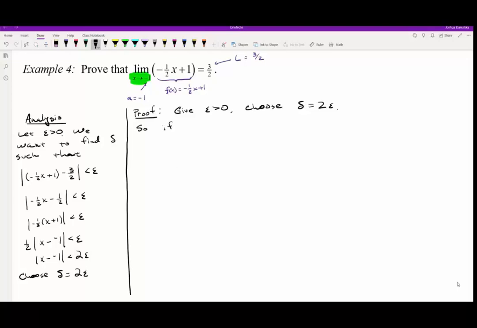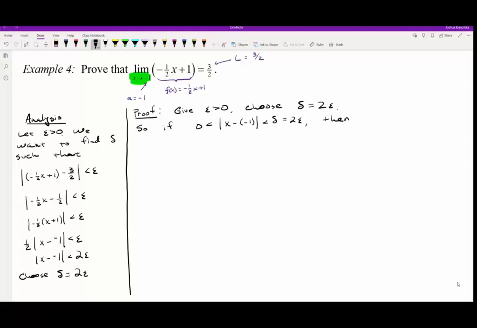So if 0 is less than the absolute value of x minus negative 1, less than delta, so remember that's the distance between x and negative 1 is less than delta. And sometimes people will write that this is equal to 2 epsilon. Then, so there's the if part of the definition of the limit.